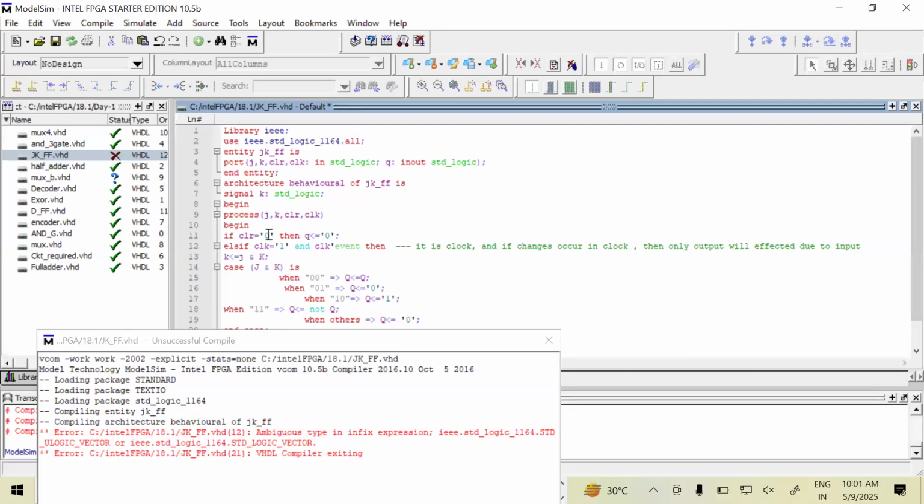Then write K as X. X is J and K. Take X, see the output.